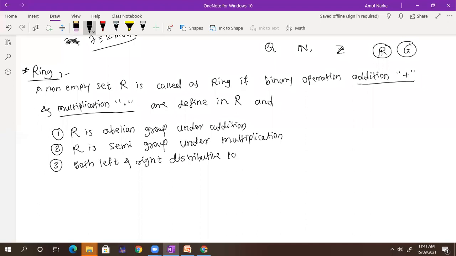That is, A into (B plus C) is equal to AB plus AC, and (B plus C) into A is equal to BA plus CA. Got it now?